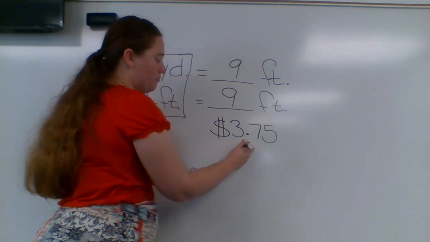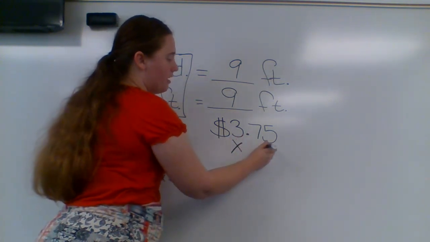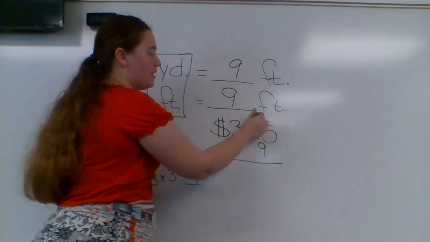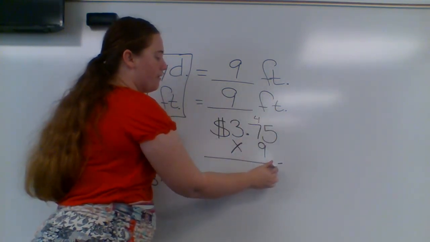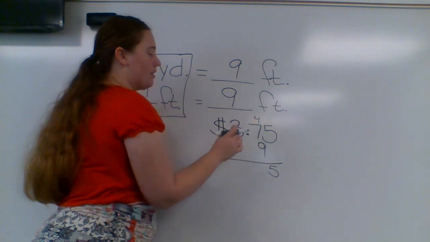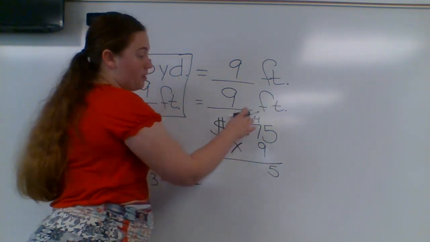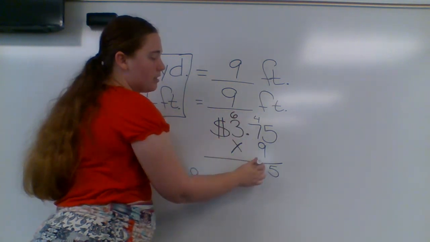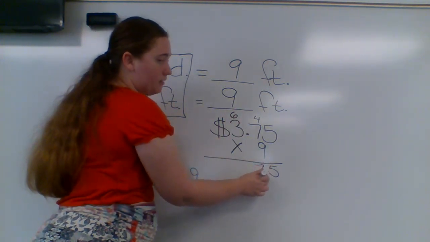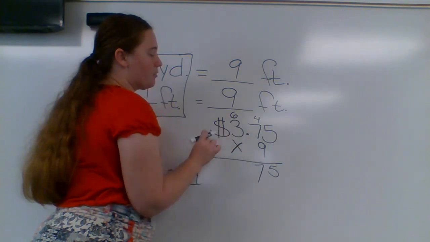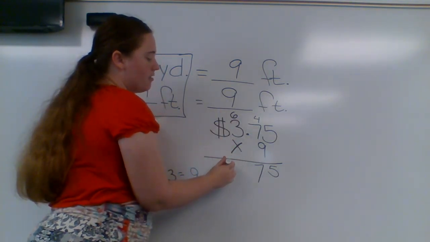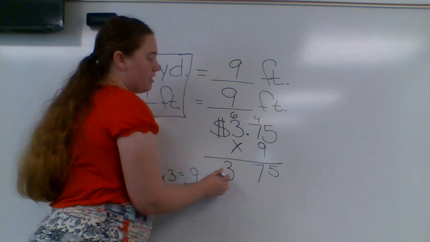Oops. And we're doing it by 9 because we have 9 feet. 9 times 5 is 45. 9 times 7 is 63 plus 4 is 67. 9 times 3 is 27 plus 6, 33.